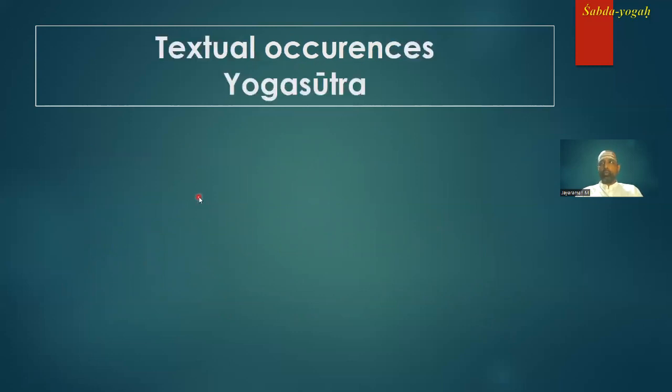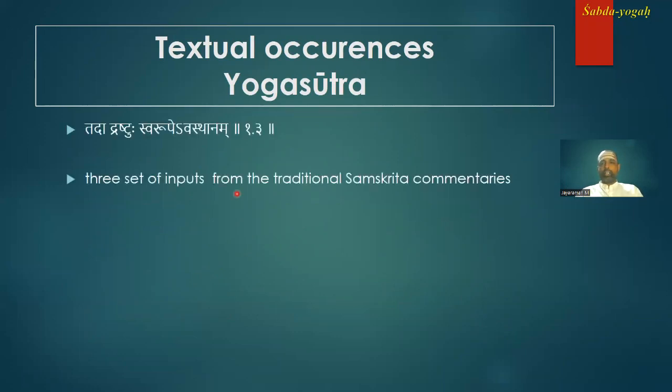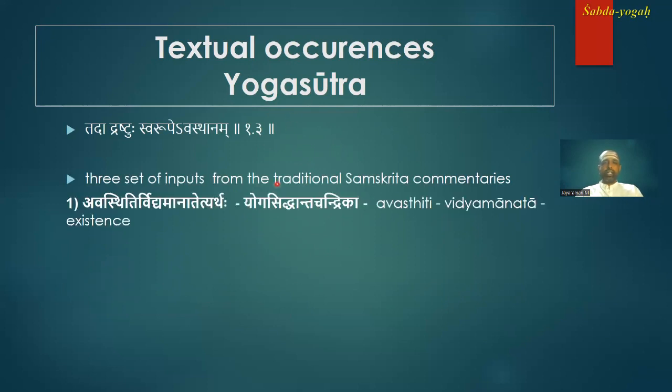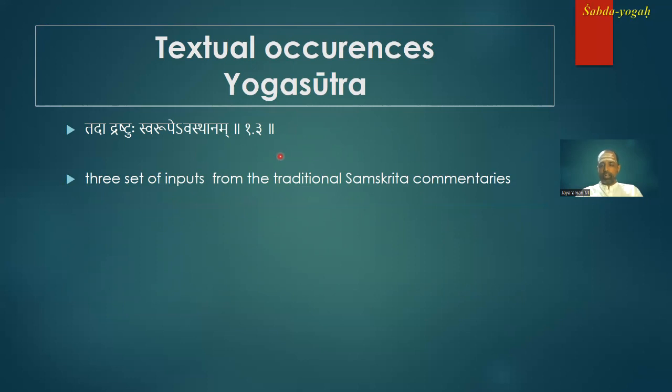Then we move to the textual occurrence of the term. This term is especially found in the Yogasūtra, where we see in just one sutra the word Avasthanam is used. And that's a very well-known sutra, the very third sutra of Yogasūtras. Tada drashtuhu swarupe avasthanam.